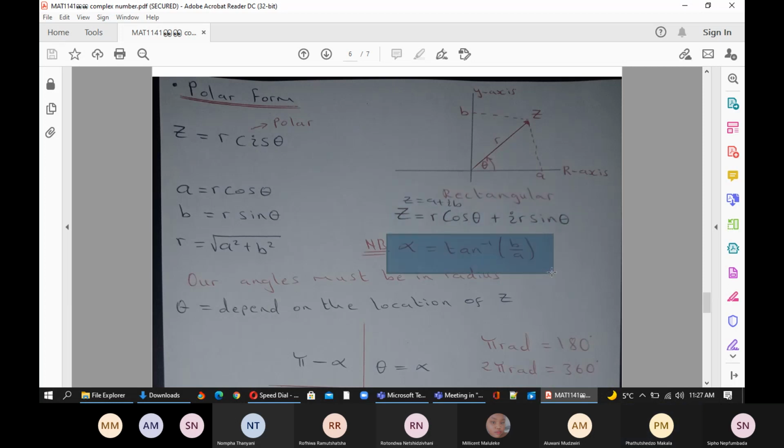It must be theta, since we're dealing with theta. Theta is equals to tan inverse of B over A. Take note that our angles must always be in radians. You must turn your calculator to radians.